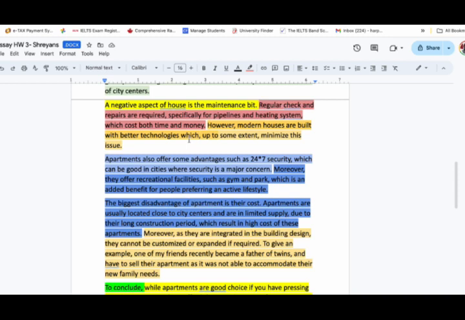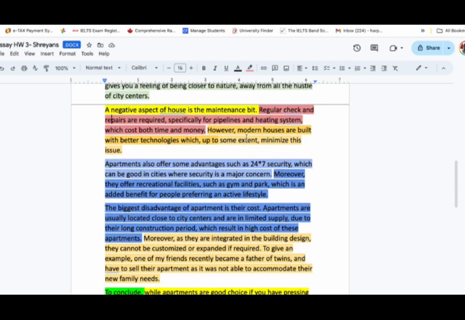And then, surprisingly, the next part marked orange is actually a counter to the problem which he has stated. So this is a bit of a problem for me. He should have developed more about the disadvantage of the house. Now, after giving the disadvantage, he is saying it can be managed.